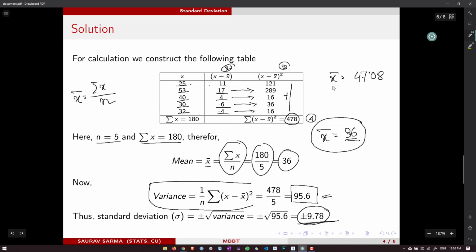In that case you will have to subtract a decimal value from all of these numbers. This will lead to decimal values. Those decimal values will again have to be squared, leading to more decimal places. So ultimately the calculation required will be very much, and you will need a lot of calculations.